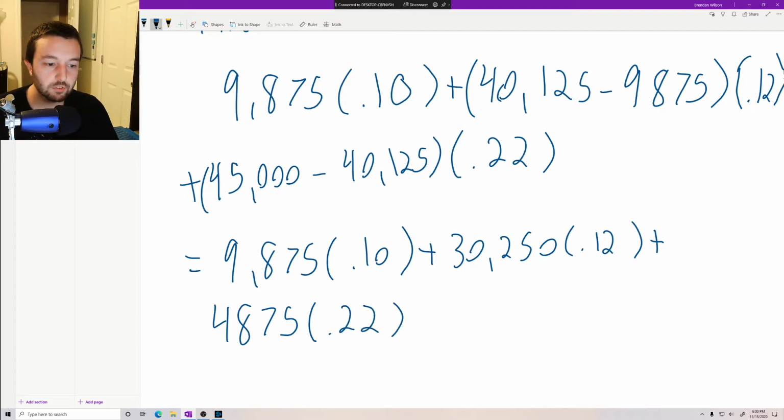So our first $9,875 are taxed at 10%. Our next $30,250 are taxed at 12%. And then the remaining $4,875 are taxed at 22%.